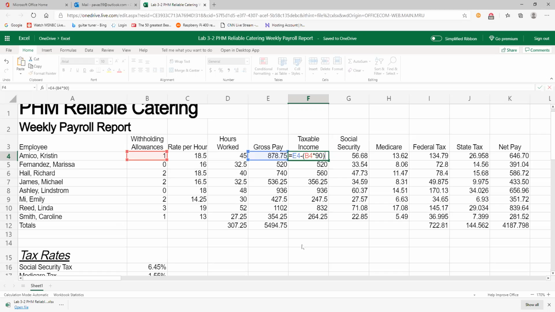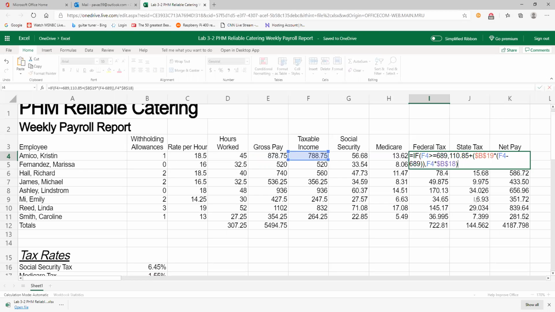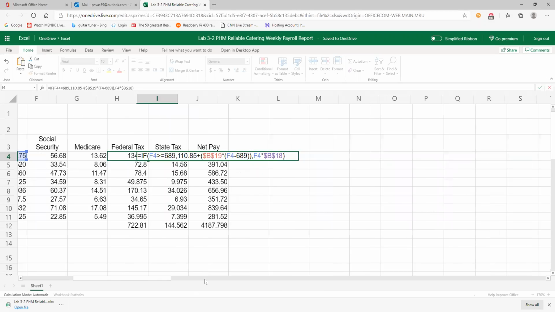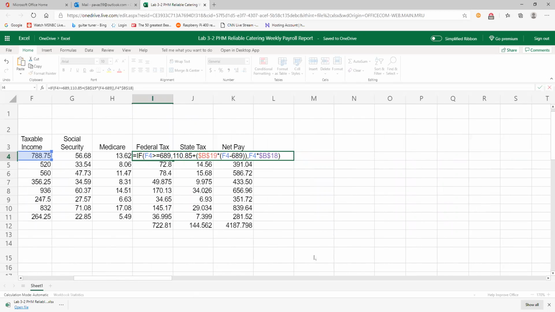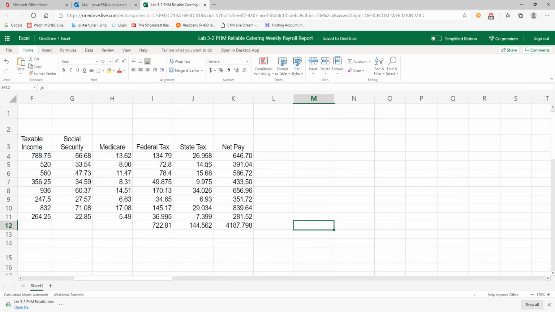And then Social Security. Got it. And then Medicare. And the federal tax is a very long one, right? Yeah, that's the long one. Let me scroll down so maybe I can display it all. Got it. And then the state tax, you have it? Yes, I got that one.